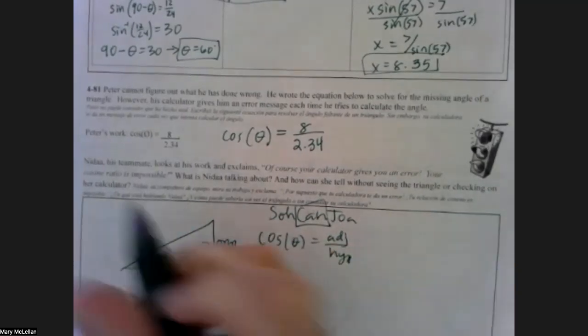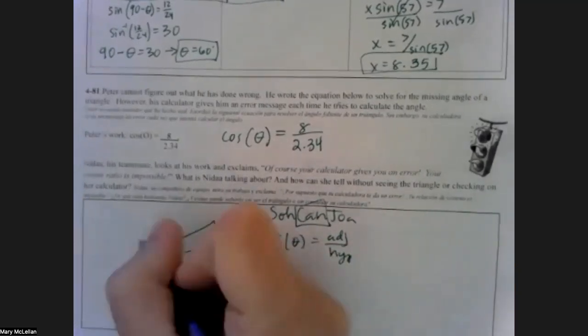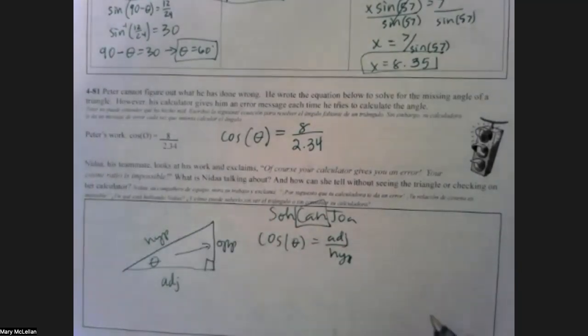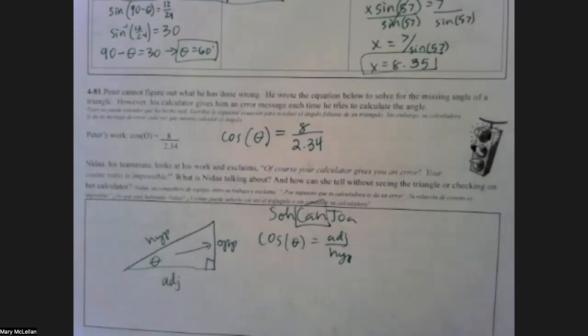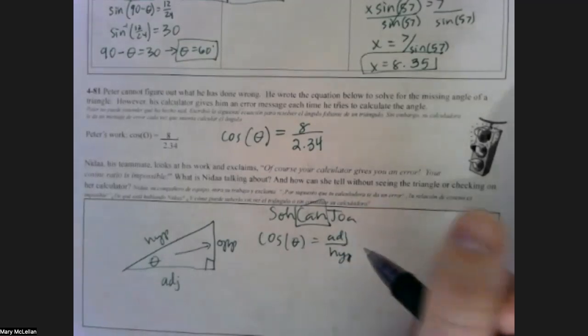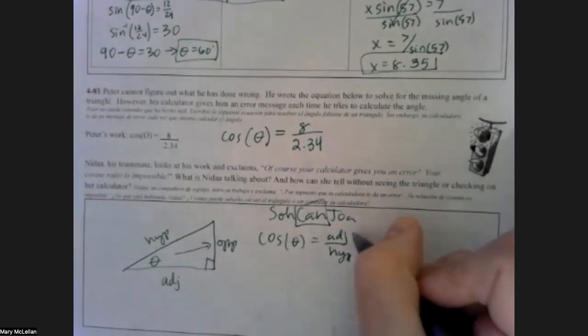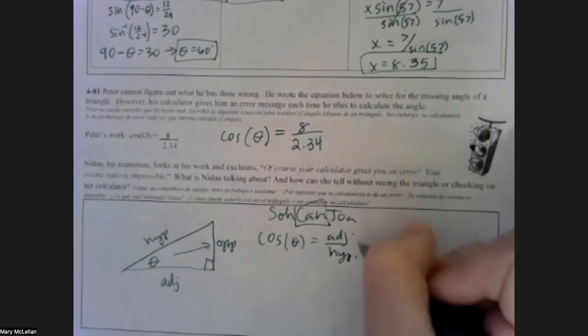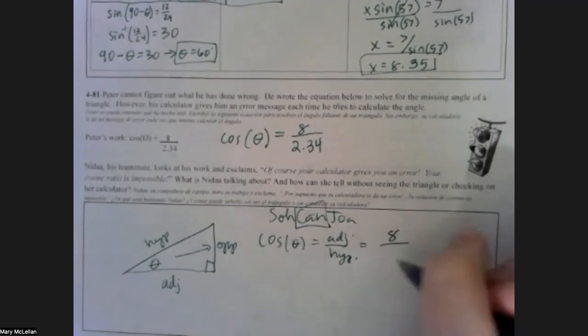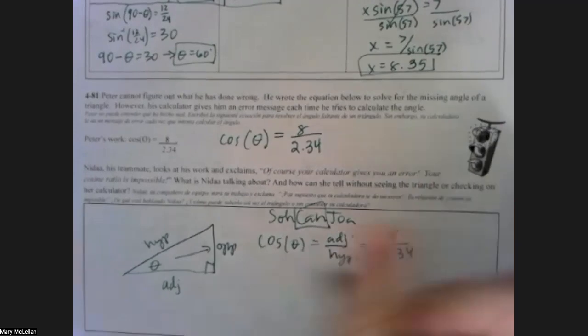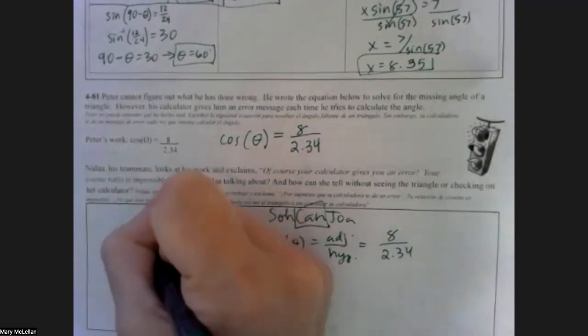Based on my drawing, opposite is there, adjacent here, and hypotenuse is here. I think I know what mistake Peter made. All right, so if I've got adjacent and hypotenuse, that means I'm saying the adjacent is 8 and the hypotenuse is 2.34. 8, 2.34. This doesn't make sense.